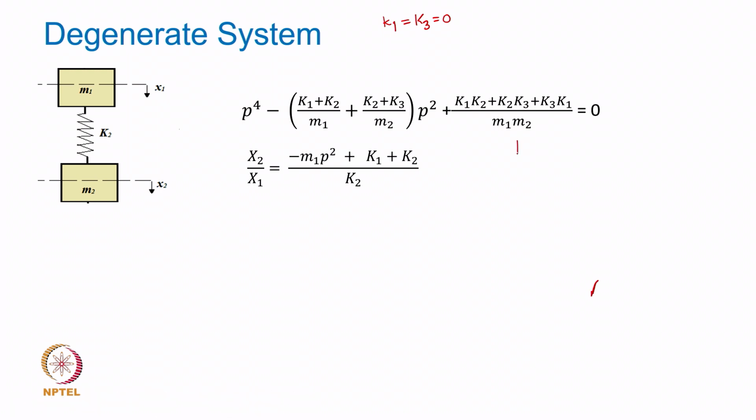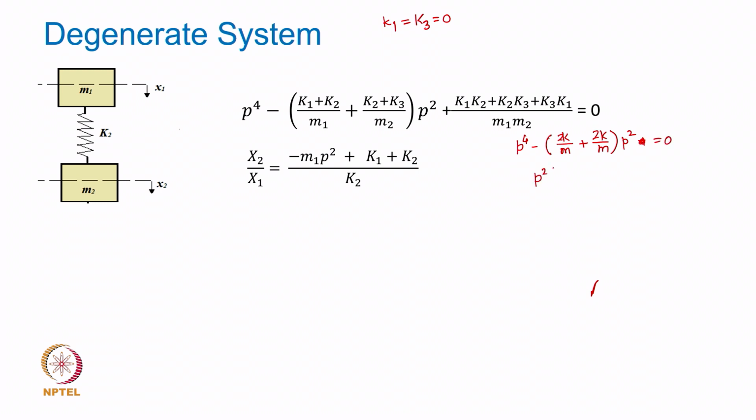So, it is like p raised to power 4 minus, now K1 and K3 are 0, so you will have 2k over m plus 2k over m, times p squared, plus K1 K3, and so you actually have 0 here, okay, because K1 and K3 are 0. So, plus 0 equal to 0.